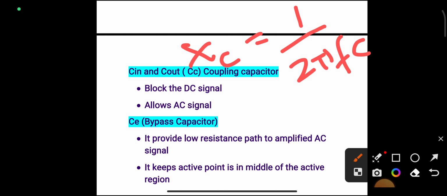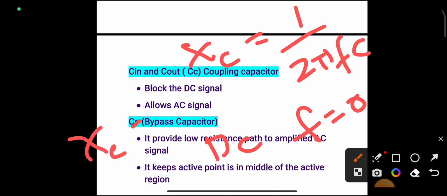So here XC is a function of F, meaning frequency. For DC, frequency is equal to 0, so XC becomes infinity. XC means reactance, nothing but the resistance. So for DC signal, the capacitor is like an open circuit. For an open circuit, there is no current flow.